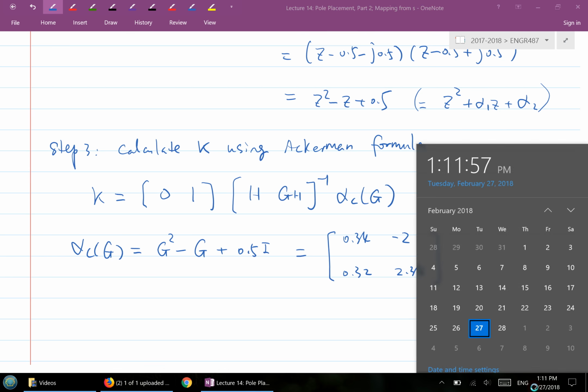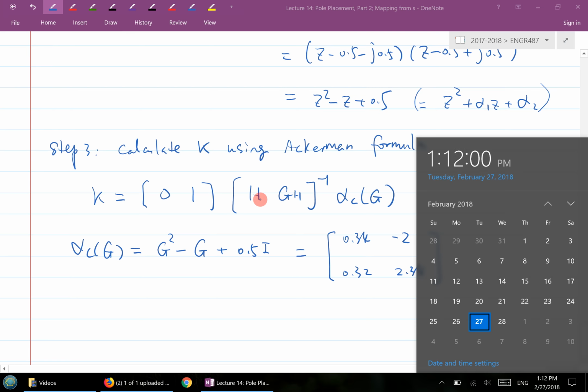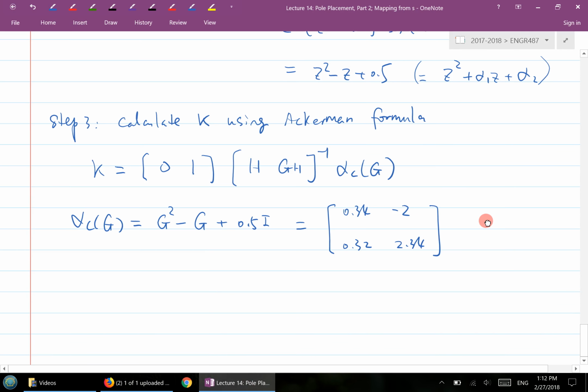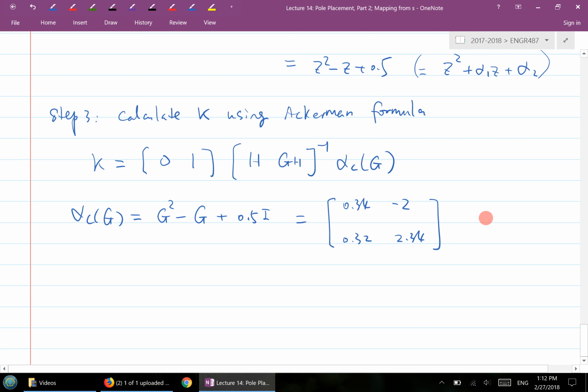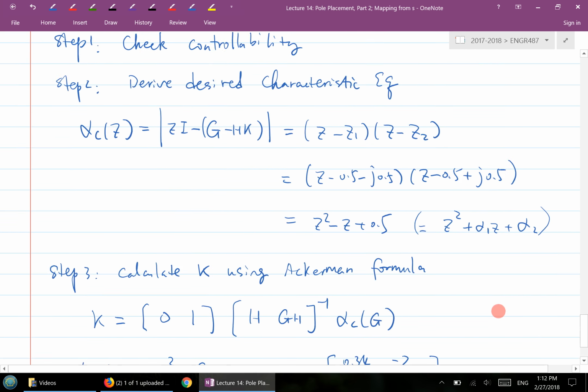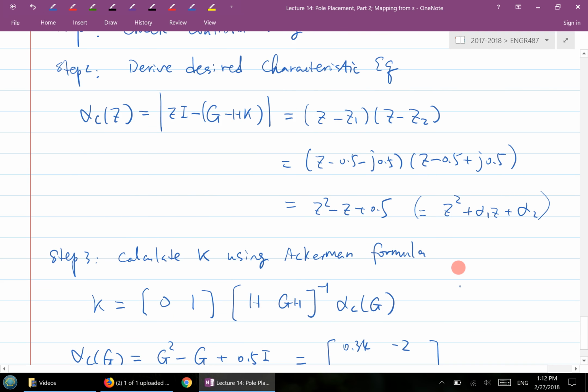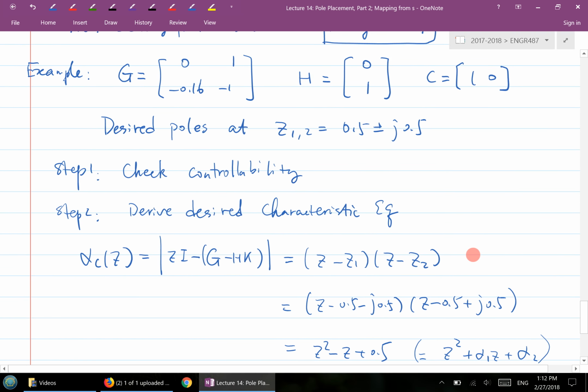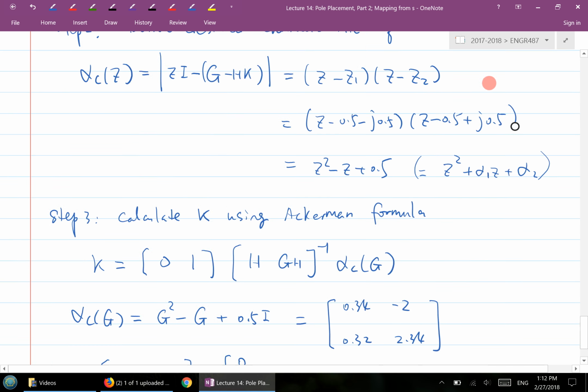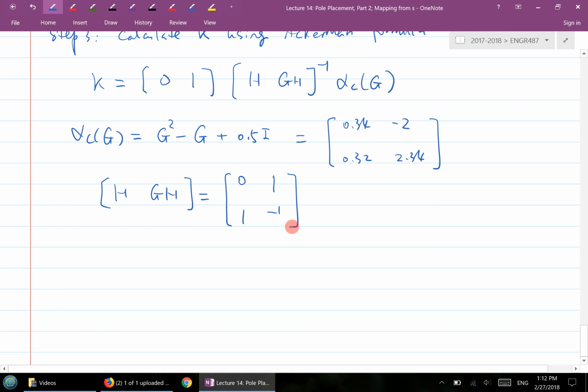And then you need to plug into this formula. Another tricky part is the GH. H is given, which is 0, 1. Then G times H is also pretty straightforward: this row times this column, this row times this column, and that gives us 1, negative 1.